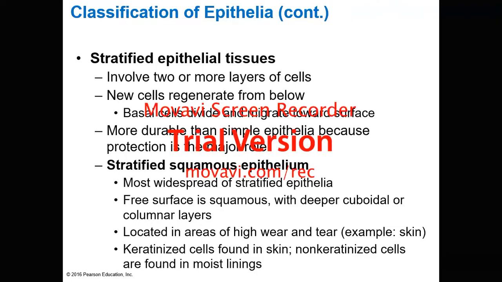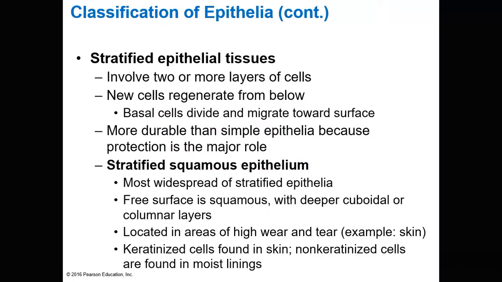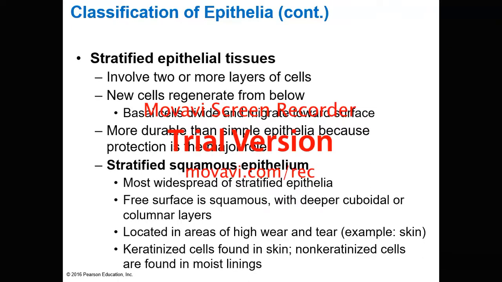So again, when you talk about the shape, whether it's going to be squamous, columnar, whatever the shape's going to be, you have to look at the free surface, the apical, the top. If the top is flat, then it's squamous, even if the deeper cells, underneath that, might be cube shape or column shape, okay, it's the top surface that determines the shape.